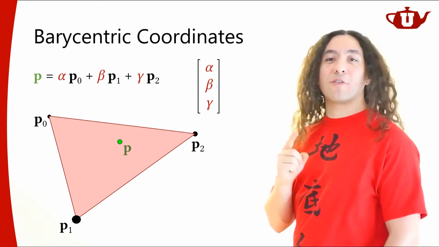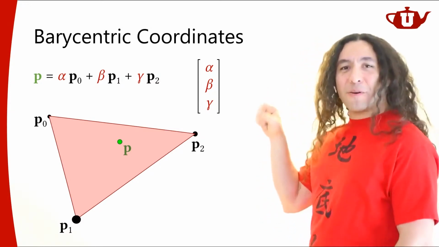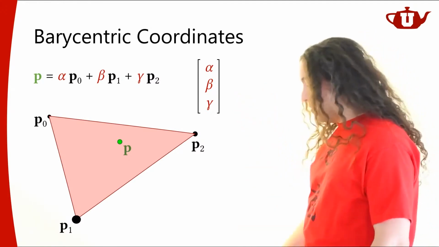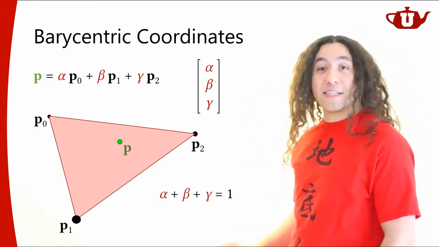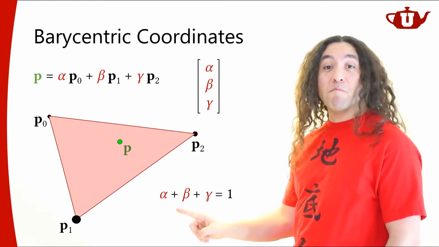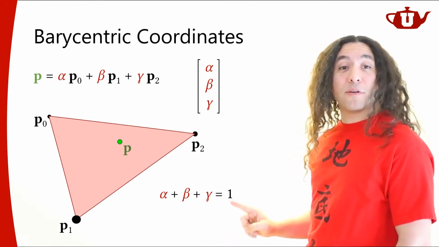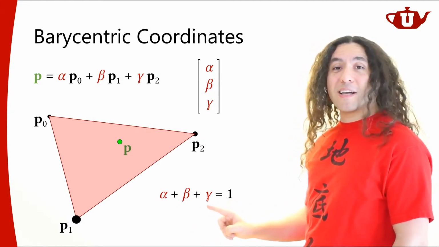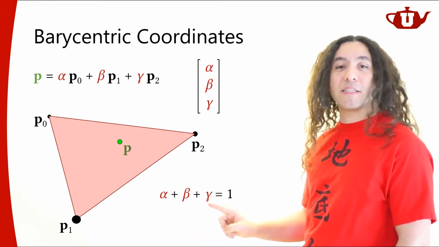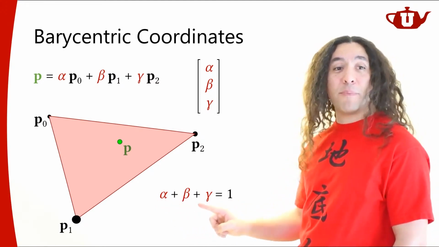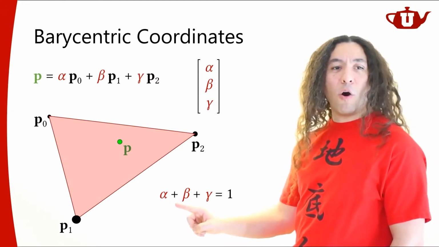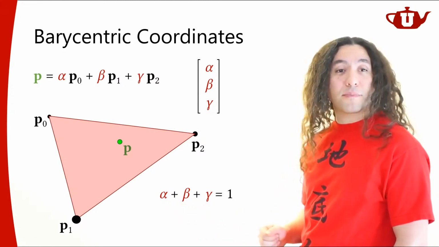Actually, it's not odd, because it turns out the barycentric coordinates have a very specific property. That is, these coordinates must always add up to 1. So these are not completely independent values. They are actually dependent on each other. And they need to add up to 1. Right?